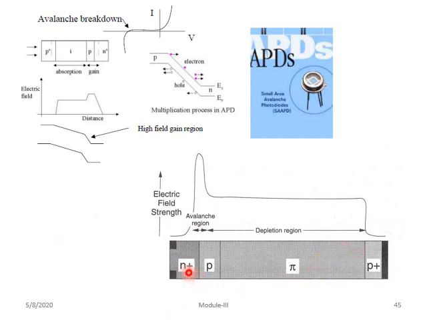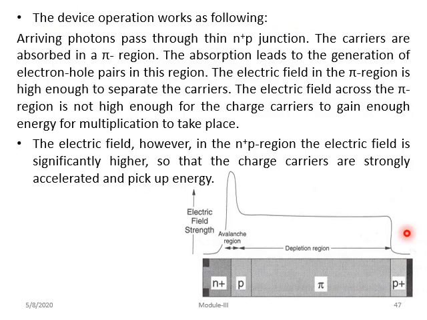It has four layers: n plus, p, pi region and p plus. These are the diffused regions as mentioned in the diagram, and the avalanche region has a higher electric field strength at the n plus and p region. That is very important for the avalanche photodiode. The device works as follows: a photon passes through the thin n plus and p region, and the carriers are absorbed in the pi region.